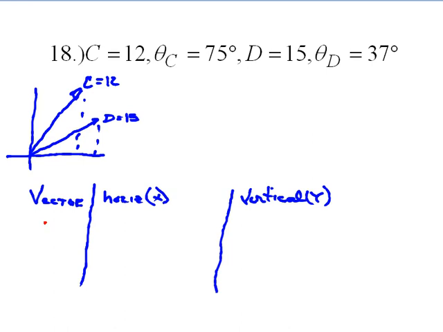Okay. First we have our vector C. The horizontal would be 12 cosine 75 degrees. And if I work that out, I get 3.106.